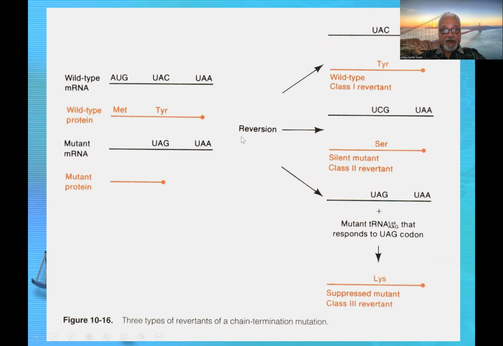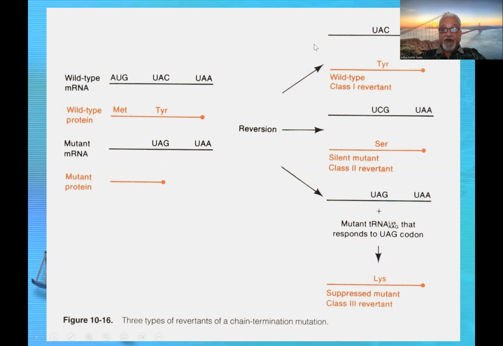I told you three classes of reversions, or three types of reversion. The first reversion is what we call true reversion, or class 1 reversion. That is, this UAG is precisely getting converted into UAC, that is the wild type sequence.